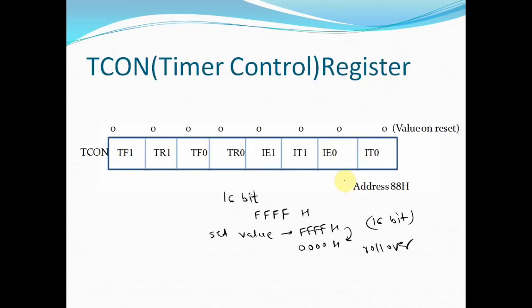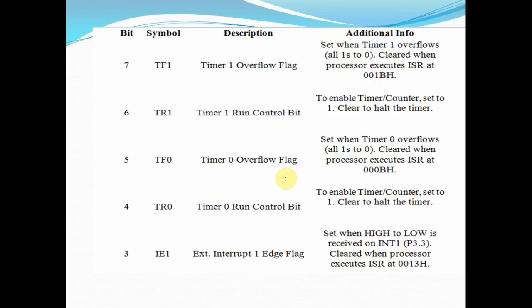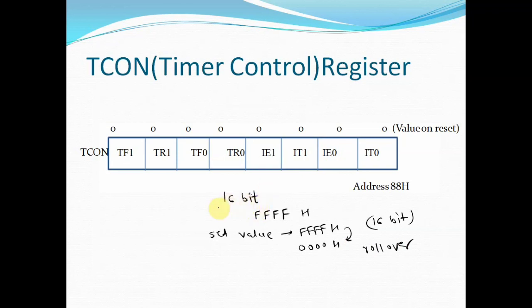So basically whenever an interrupt service routine is written, and whenever the timer overflows, this bit will generate an interrupt. Whenever the ISR gets executed, at that time these flag bits will normally be cleared by the processor.